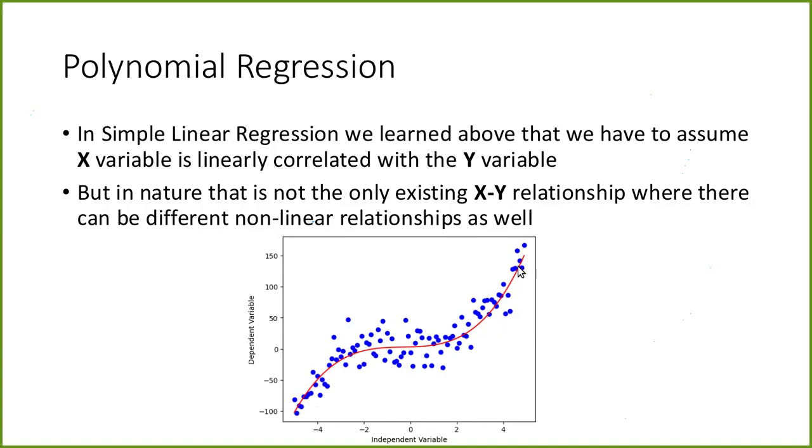Because this line is not a straight line. So if you want to get a regression line like this, which is not a straight line, you can use polynomial regression. That means you can use powers of x variables, not just the first power.